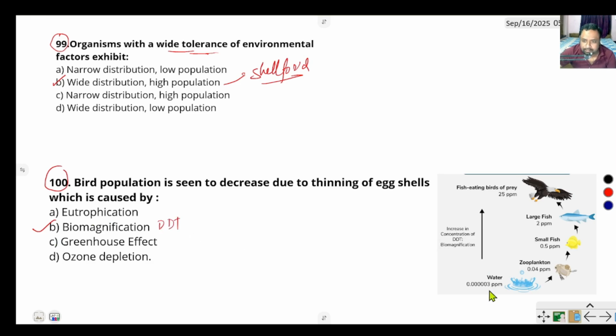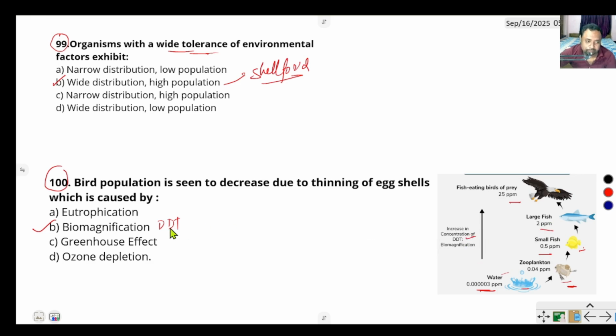Here you can see the concentration of DDT in water is 0.000003 ppm, but when zooplankton take phytoplankton, they absorb 0.04 ppm, and when fish eat the zooplankton, the amount of DDT is 0.5 ppm, and then 2 ppm and 25 ppm. With the increase of trophic level, the concentration of DDT increases.